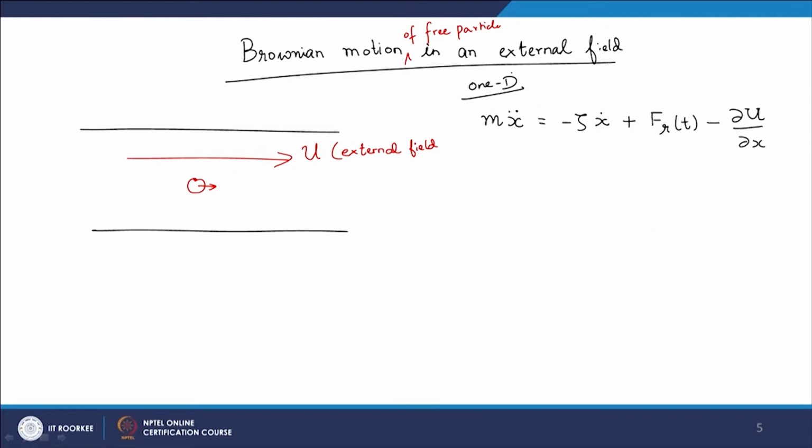So, in this case again, if the tau_v is much smaller than the time scale under consideration, here the tau_v is my m by zeta.